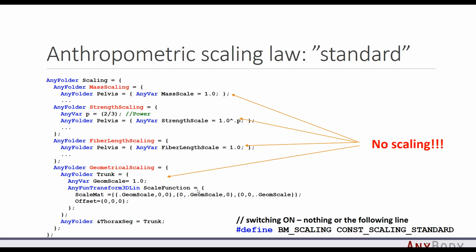In case of the standard, all of the scaling factors are equal to 1, and because of that, no scaling is happening. And in order to turn on this scaling law, we can specify a line like that, which is also described in the tutorial, where we simply say that our scaling law should be standard scaling. This is also a default option, so we don't even have to specify this one.